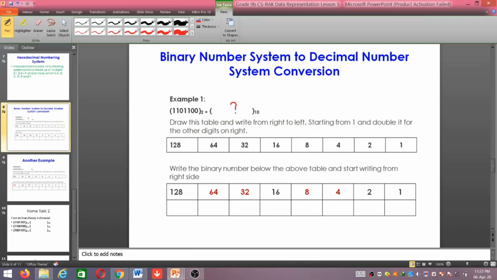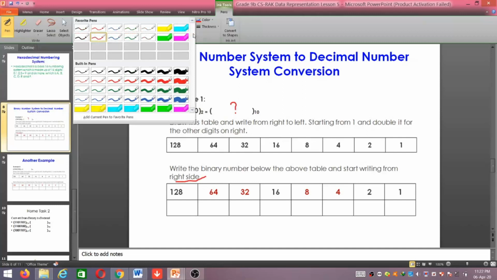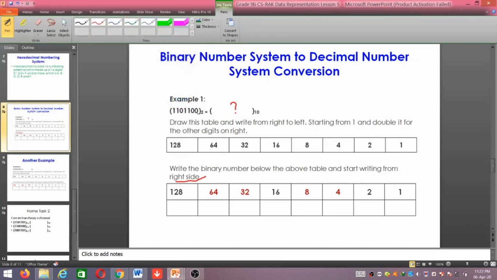Next, you will write the binary numbers below this number, and we will start writing from the right side. This thing is important. We will write it from the right side. Now look. 0. So we'll write here 0. Next number is also 0.